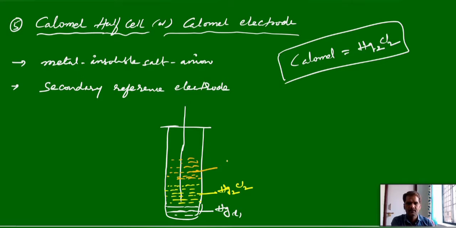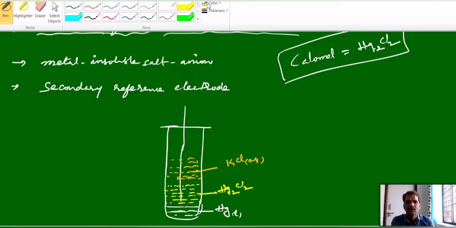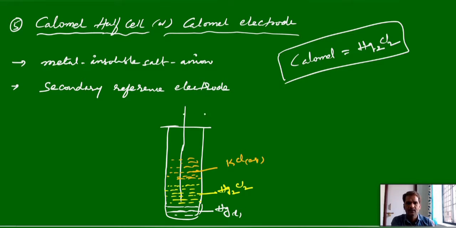This is KCl, aqueous. This is the overall setup. A platinum wire is dipped in this cell. First, at the bottom of the cell we have the mercury, in the middle mercurous chloride, and over that the KCl solution.